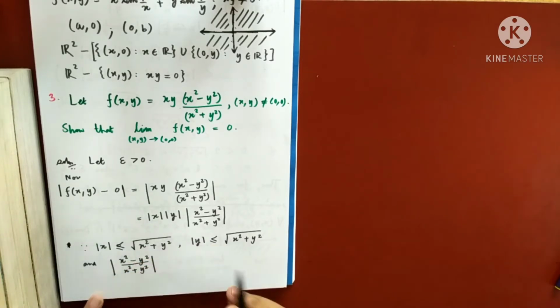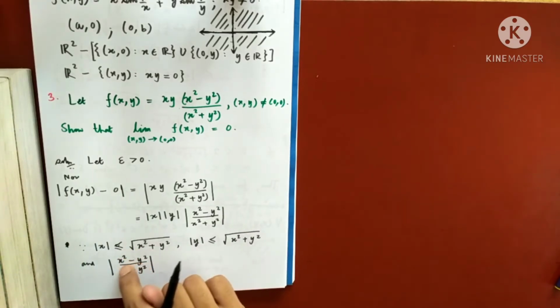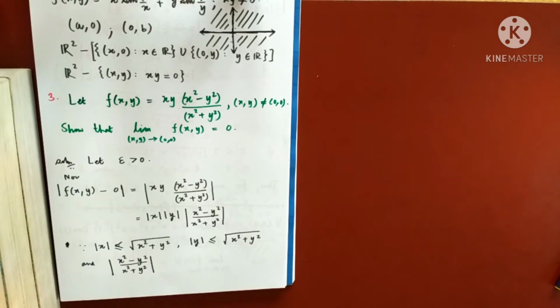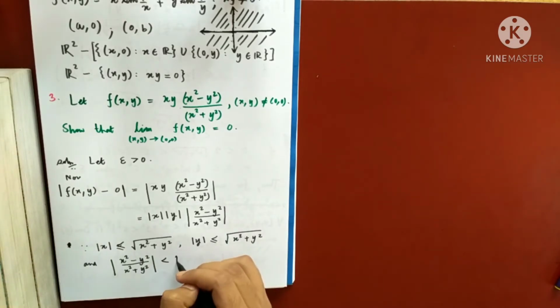What kind of number is this? Who can tell me? Is it a number less than 1, more than 1, or what? Look at this quantity. First of all, it is inside the mod, so definitely it is going to be positive. And secondly, the numerator is always less than the denominator, because the numerator is x² − y² and the denominator is x² + y². So this number is less than 1.